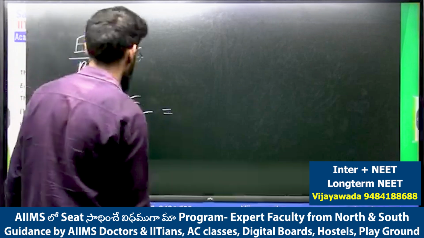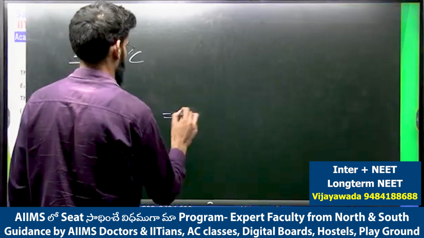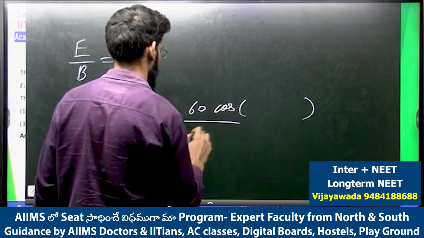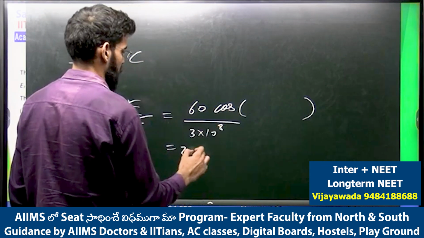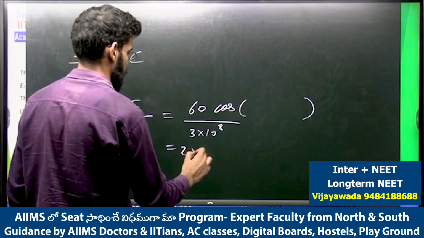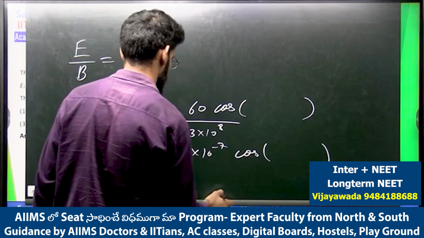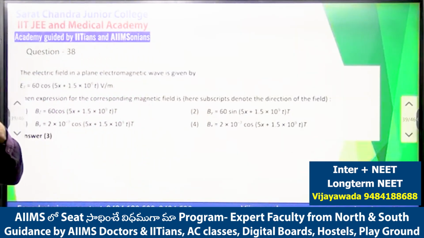So E is given as 60 cos, so 60 cos of whatever function here it is, divided by C, that is 3 into 10 to the power 8. So this will become 2, and this is minus 8 plus 1, minus 7. 2 into 10 to the power minus 7, and cos of same function will come. Okay, as the magnetic field, 2 into 10 to the power minus 7 into cos of the same function.